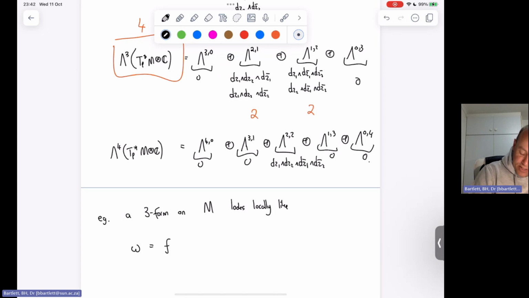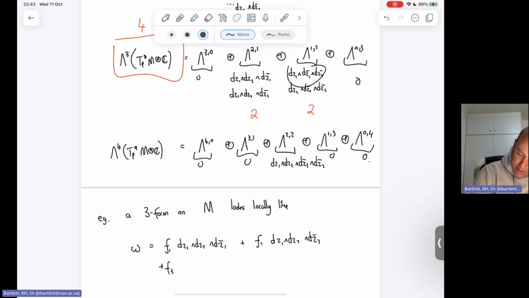It's going to be some function times this guy, plus another function, let's call that function f1, and another function f2, and then another function f3 times this guy here, and another function in front here.